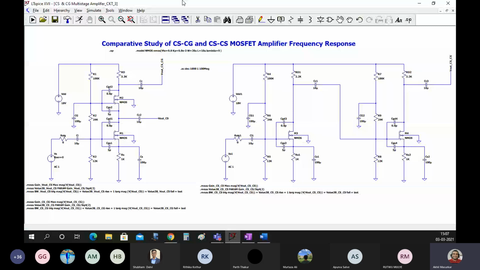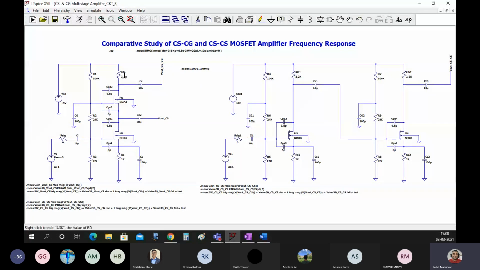So all you need to do is copy this entire circuit, copy the cascade amplifier, and out of that you remove the M2. You can see here there is no M2. Remove M2, CGD2, CS2, everything, and this same second output you will give to a similar CS. Now there is one change: here the RD is 3.3, but here the RD is 2.2.